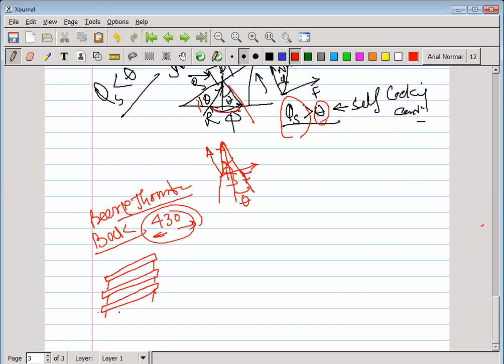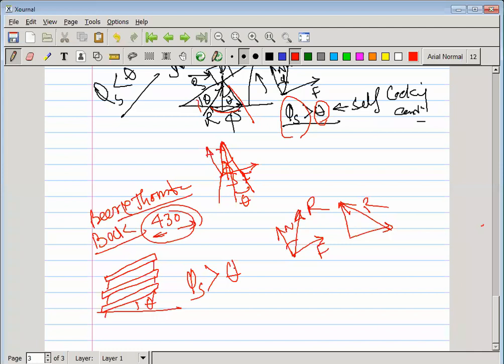So actually, this is your theta, and if this theta is less than phi s, phi s is what? Phi s is the normal and the friction force, their resultant. You know what resultant means. If we draw the vector triangle, then it should be like this.